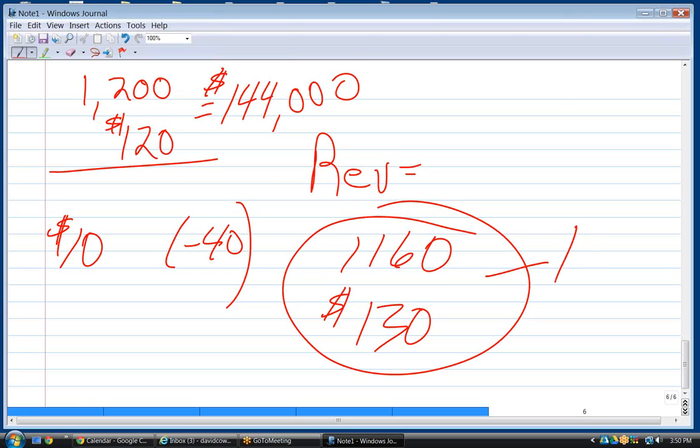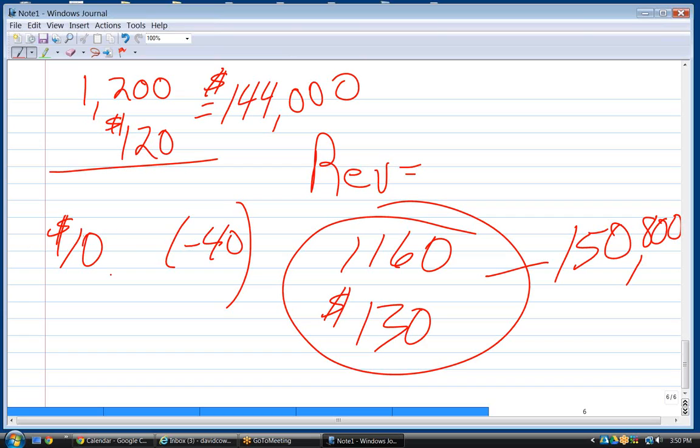Equals 150,800. Well, you would definitely do that. If you were the Colorado Rapids, you'd rather make 150,000 than 144,000. So there is some magic point.